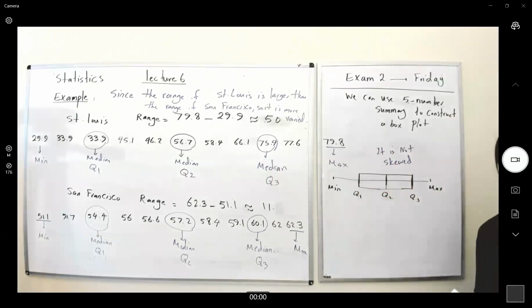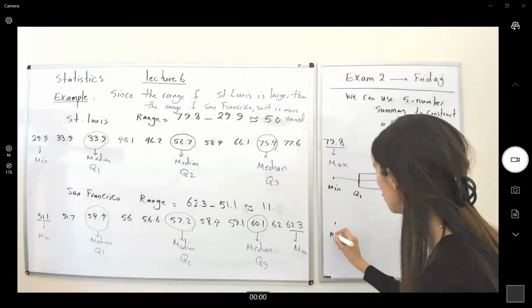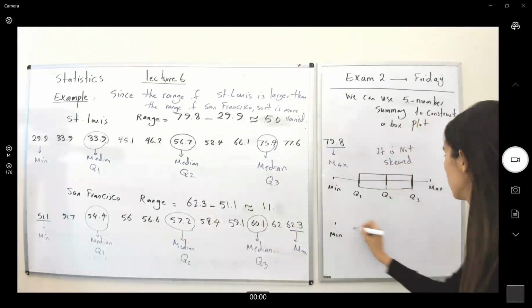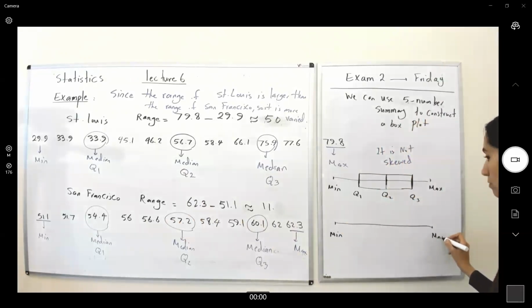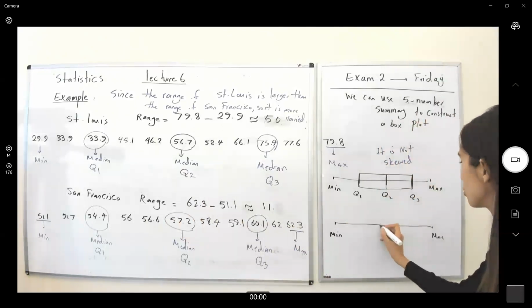We can form the box plot for the second data as well. So again, we need to find the minimum value, which is 51.1, then find the maximum value, which is equal to 62.3. So let us move this guy a little bit here. That's okay. So our Q2 is 57. It's exactly in the middle. So it's going to be here.